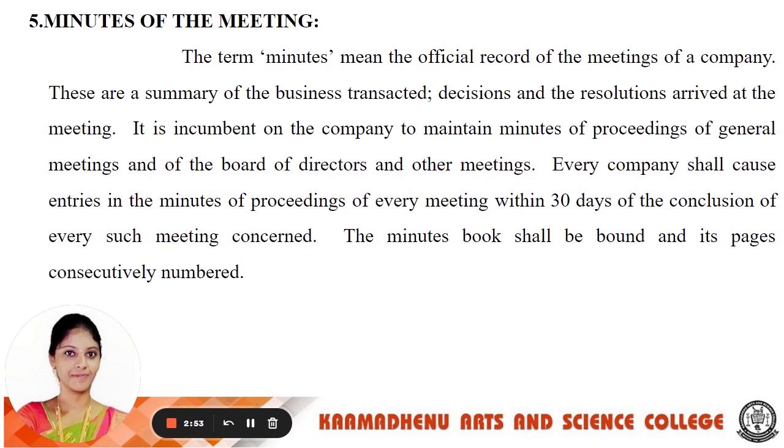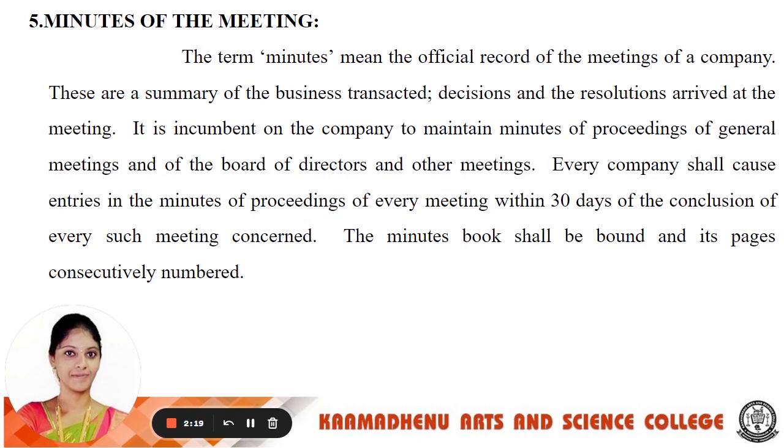The term minutes means the official record of the meeting of a company. They are a summary of the business transacted, decisions and the resolutions arrived at in the meeting. It is incumbent on the company to maintain the minutes of proceedings of general meetings, of the board of directors and of other meetings. Every company shall cause entries in the minutes of proceedings of every meeting within 30 days of the conclusion of each and every meeting concerned.